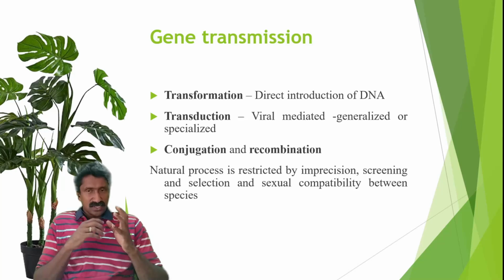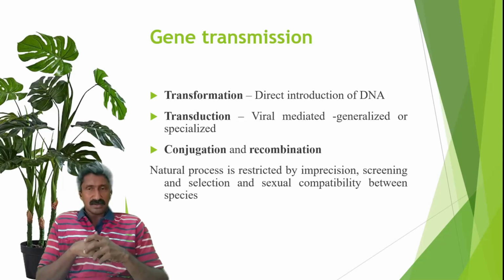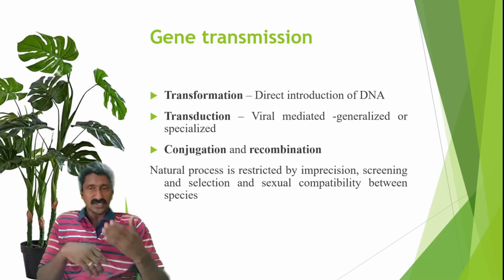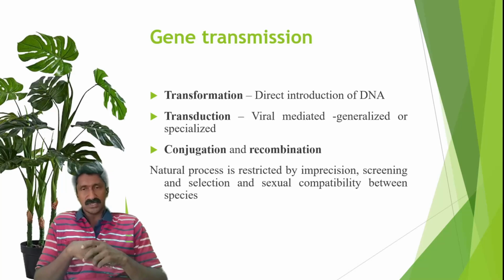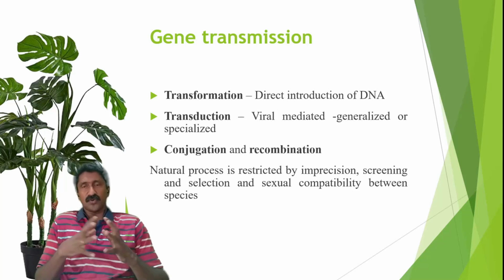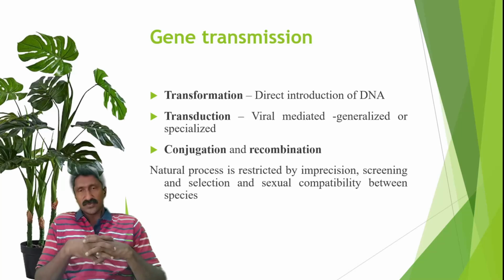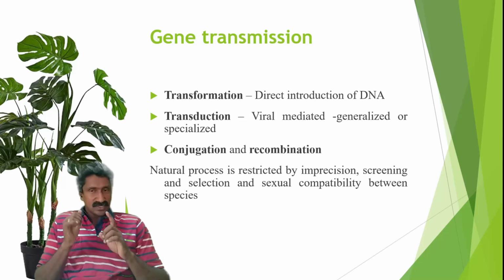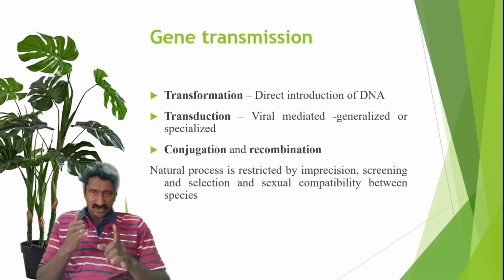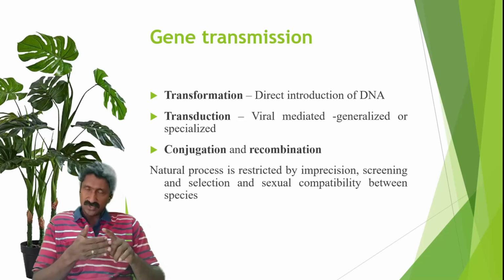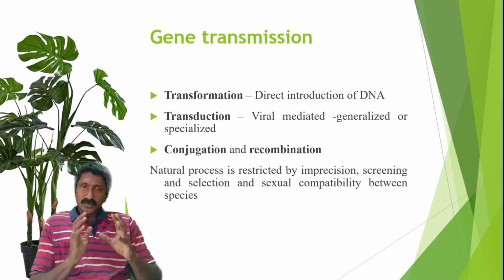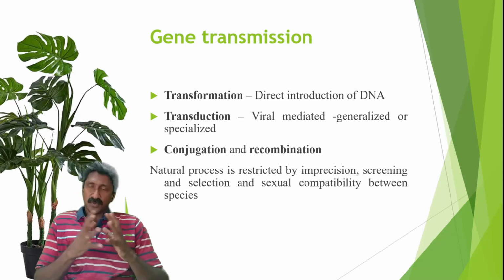Conjugation and recombination are processes of gene transfer or exchange of genetic material, so that results in some form of new combinations of genetic elements. So the natural processes of gene transmission, that is transformation, transduction, conjugation, recombination, all these were natural processes of genetic exchange.